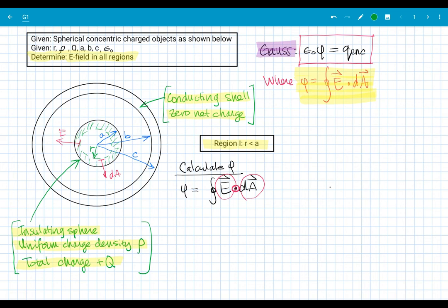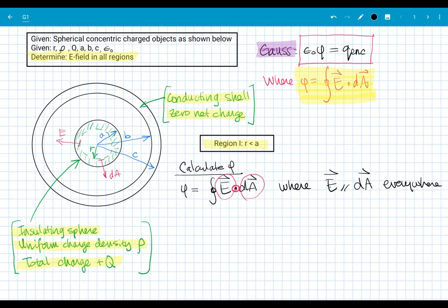So what that means here is that I have a really nice simple relationship between E and dA. So I'm going to say here E is parallel to dA everywhere. Right?